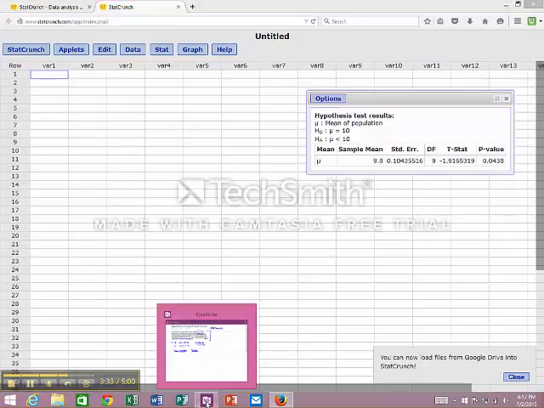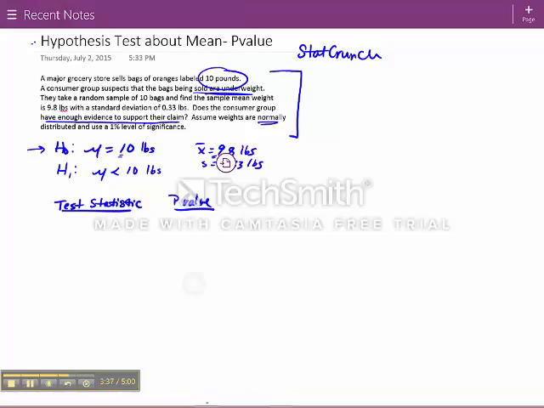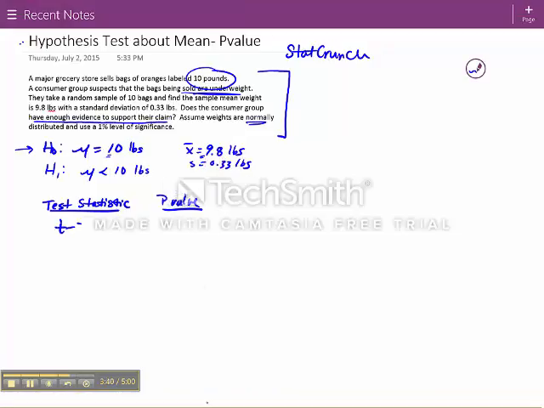So going back to our notes here, we have that the test statistic was t equals negative 1.917, and the p-value is 0.04. And so, of course, the rule is that we reject the null hypothesis if the p-value is less than alpha.